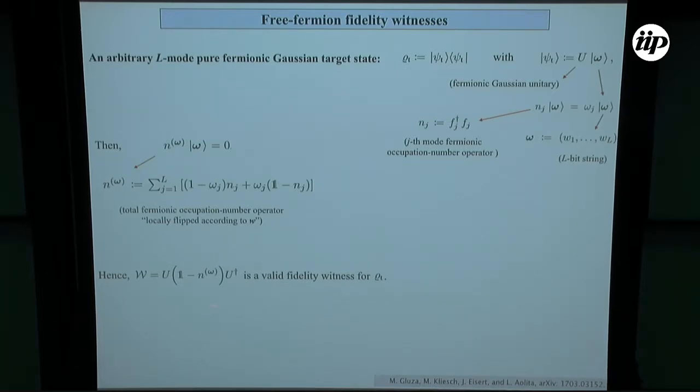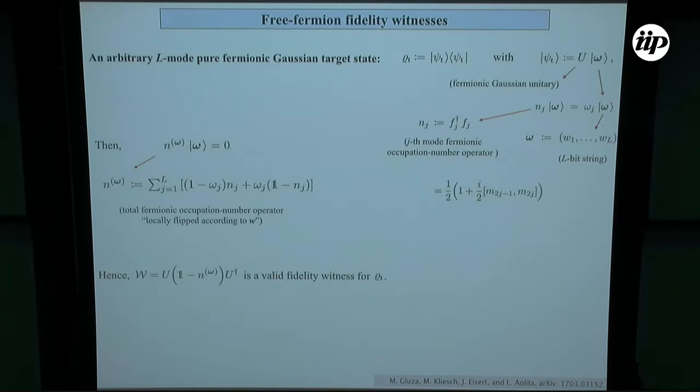For the fermionic case, you have more freedom. You have this Fock state here, and this is how the fidelity witness looks. Now, if you write this number operator in the Majorana mode representation, you can see that it's a quadratic function of the modes. So this means that this NW is also a quadratic function of the modes, which also means that this guy here is a quadratic function of the modes.